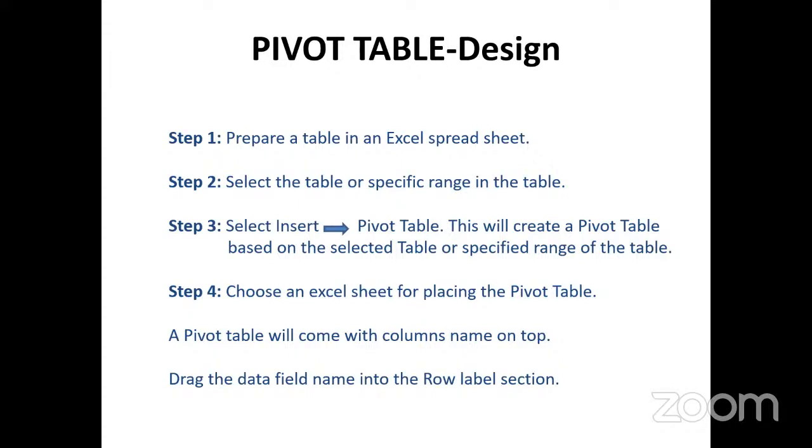Then we have to go to the tab Insert, and after clicking on Insert, we will come to the pivot table icon. By clicking on the pivot table icon, we will get the pivot table. This will create a pivot table based on the selected table or the range that we have specified earlier.